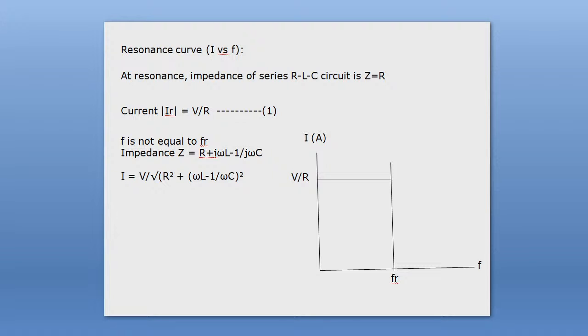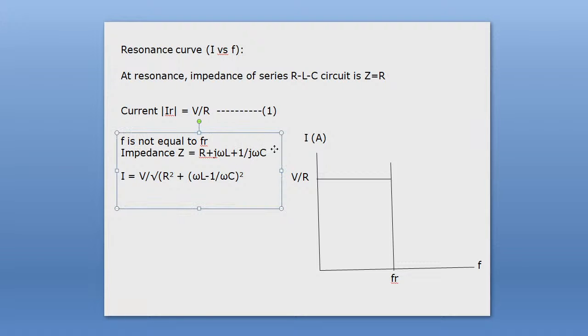The reactance for the inductor is omega L, and the reactance for the capacitor is 1 by omega C. So therefore we can write the impedance for this circuit as R plus j omega L minus 1 by j omega C, taking the j terms inside the bracket.